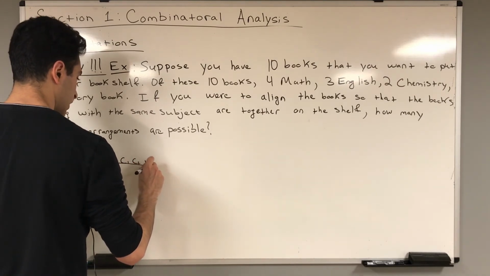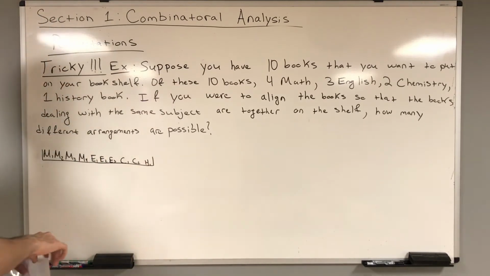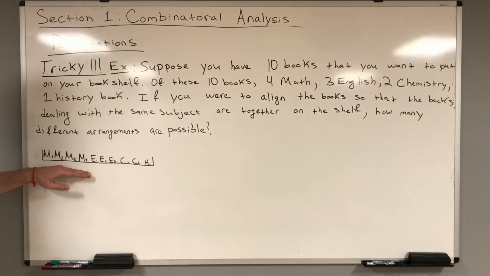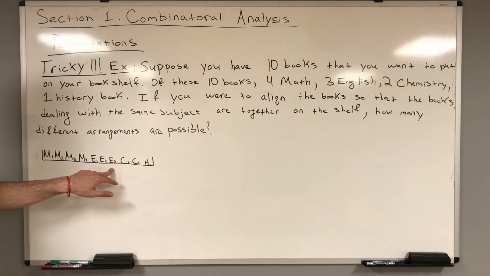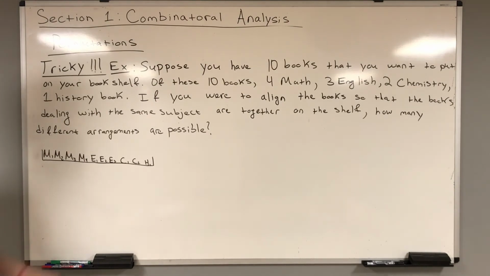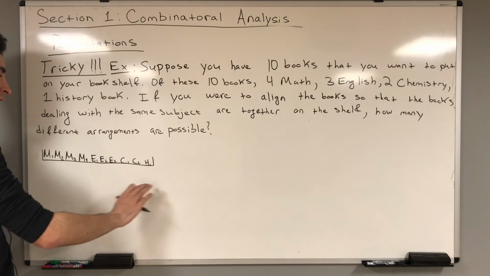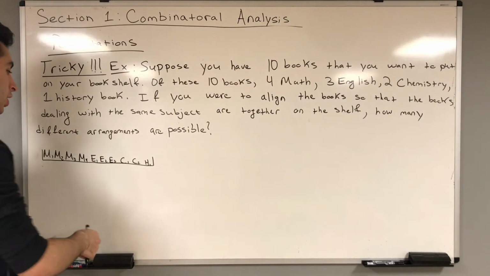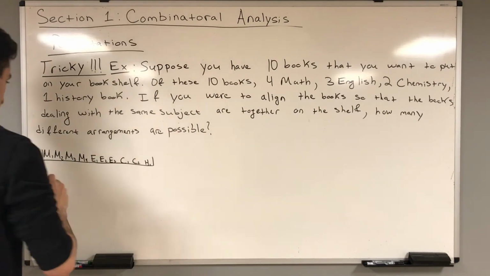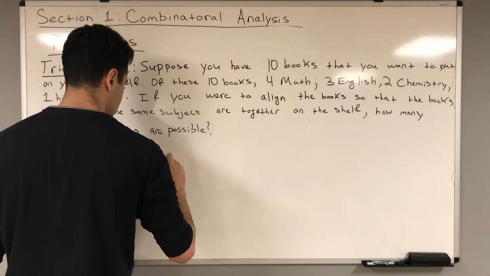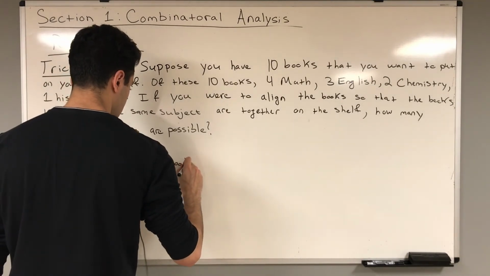And then your 1 lonely history book. Okay? So you have 4 math books, 3 English books, 2 chemistry books, and 1 history book on your bookshelf. This is just one type of arrangement that's allowed. This is just one of the possible arrangements.